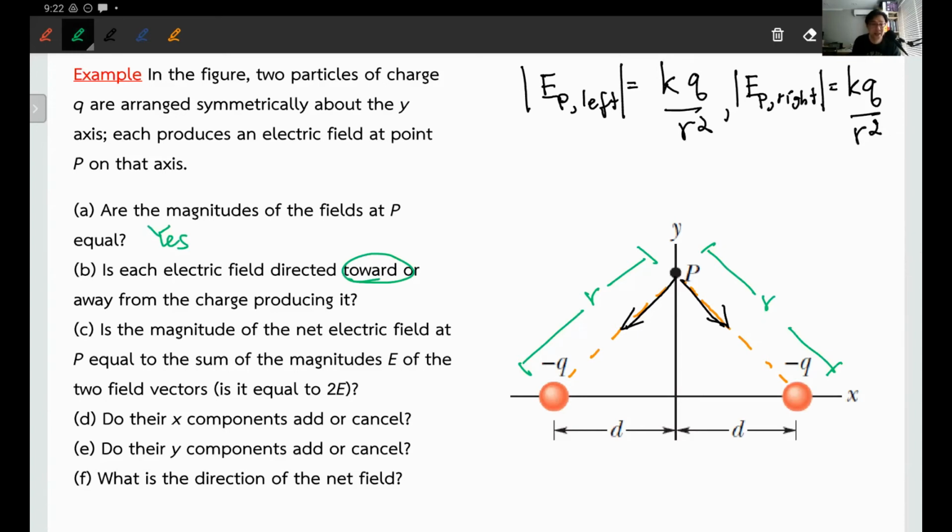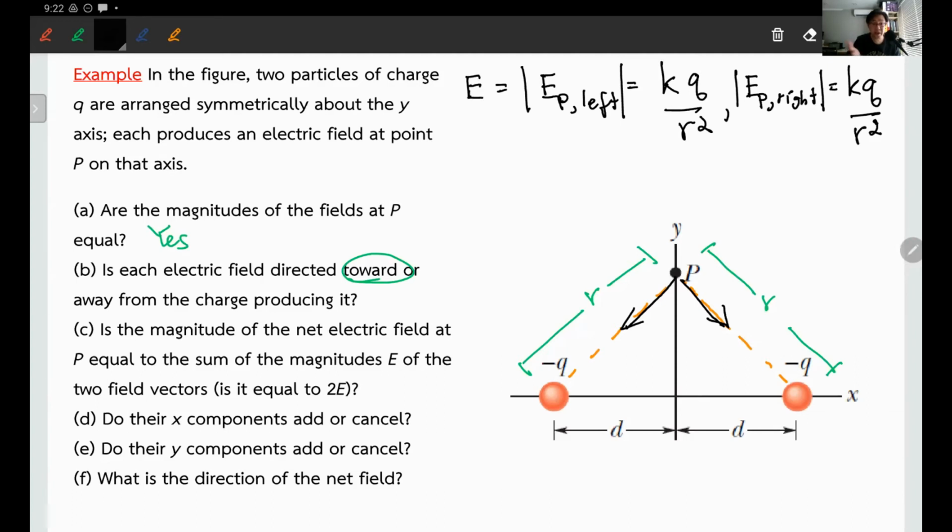Part C: is the magnitude of the net electric field at point P equal to the sum of the magnitudes E?